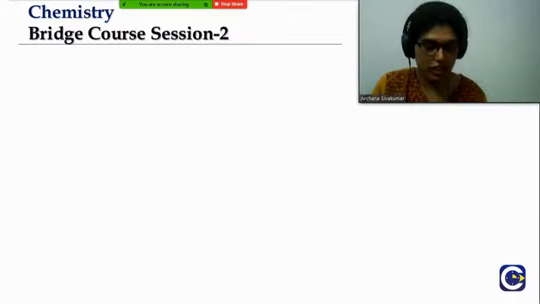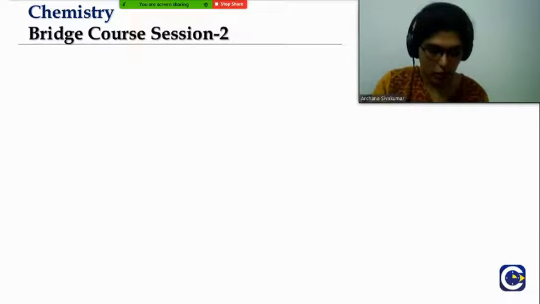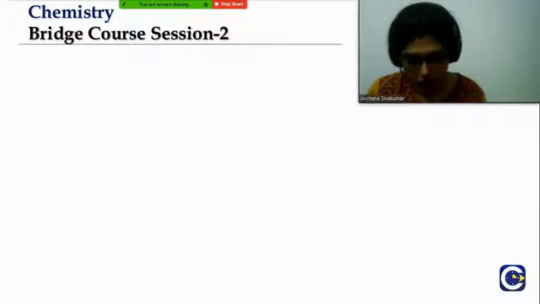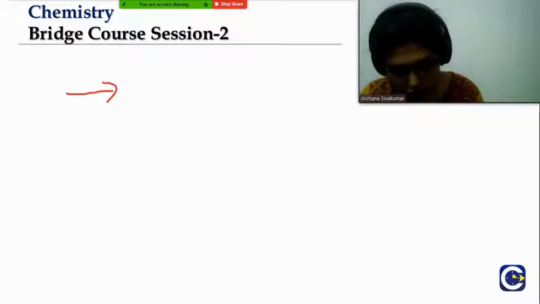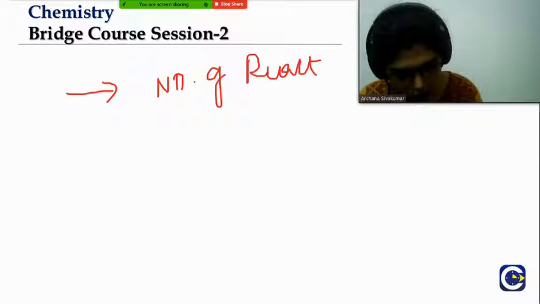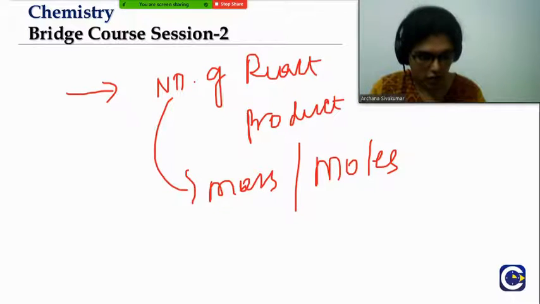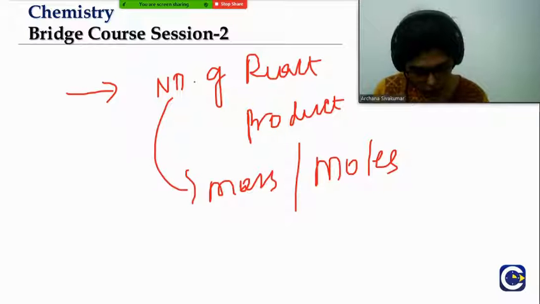So what did we learn in this session? We learnt about the limiting reagent, and we found out stoichiometric analysis, how to find the mass as well as moles. So how do we do that? We find out the mole of the given substance.